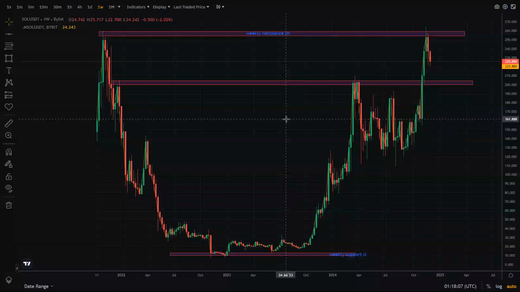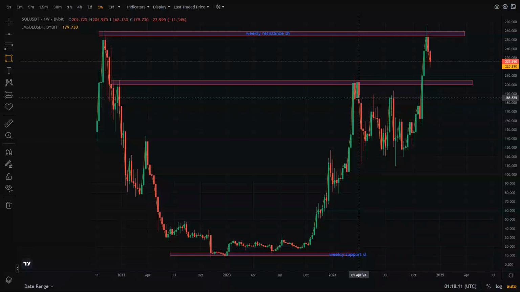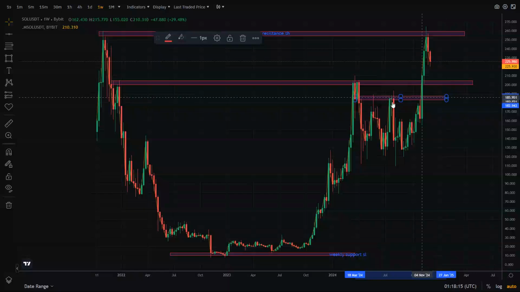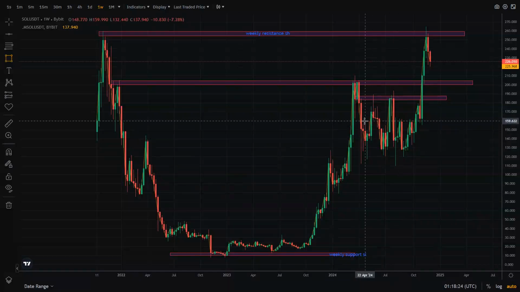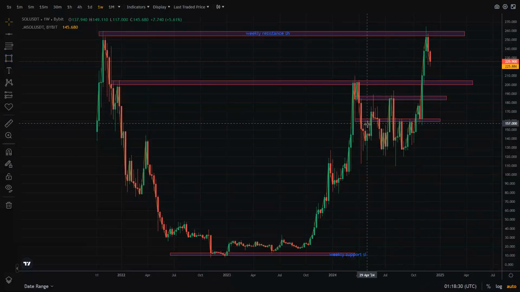All right. So apart from that, there are some other obvious levels within these levels. So here we have another level. This is another key level with multiple touches. 1, 2, 3, 4, 5, 6, 7, 8, 9, 10, 11, 12.